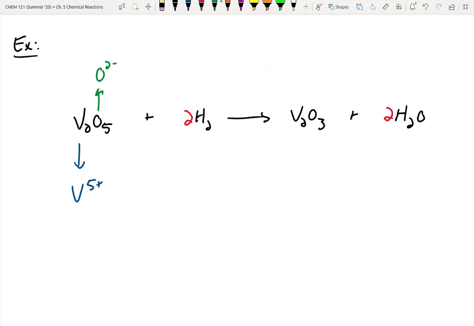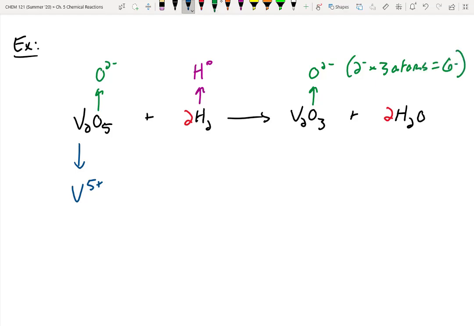All right, and then over here, we'd say that hydrogen is elemental. It's by itself, so it's H0. Let's do the same thing on this side. We said that oxygen is always 2 negative because it's in group 6A. Over here, we could say, well, 2 negative times 3 atoms is going to be 6 negative, right?